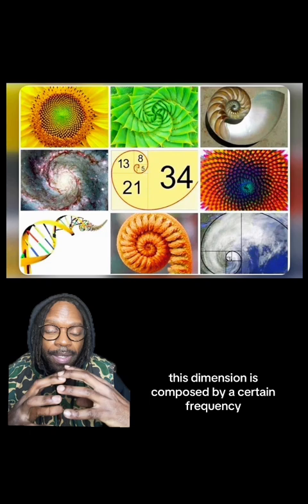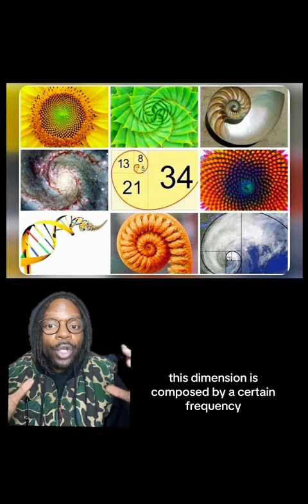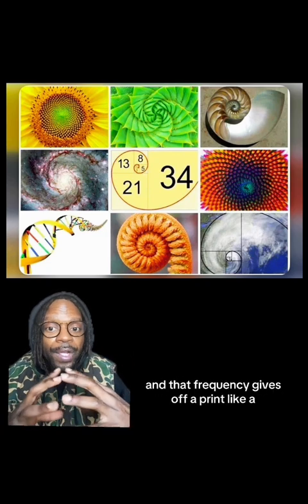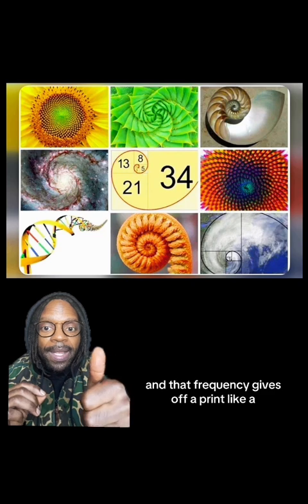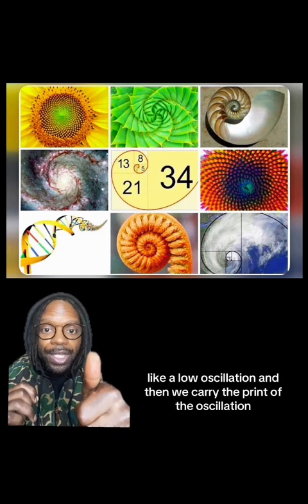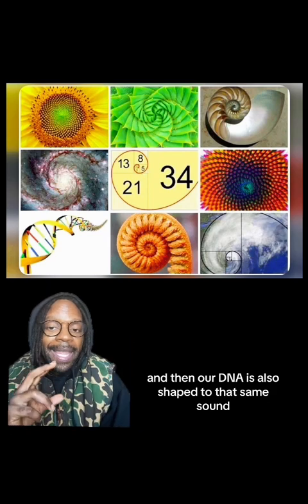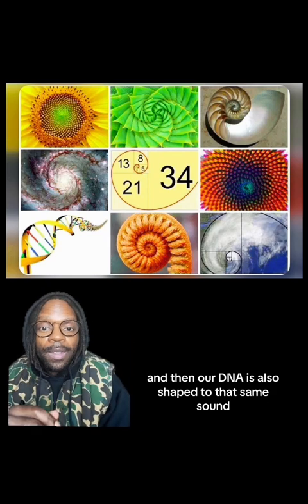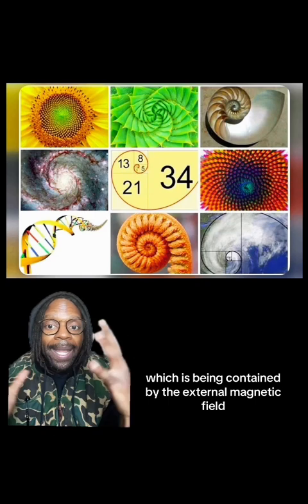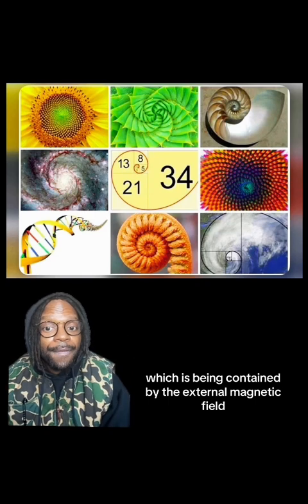This dimension is composed of a certain frequency, and that frequency gives off a print, like a low oscillation, and then we carry the print of that oscillation, and then our DNA is also shaped to that same sound, which is being contained by the external magnetic field.